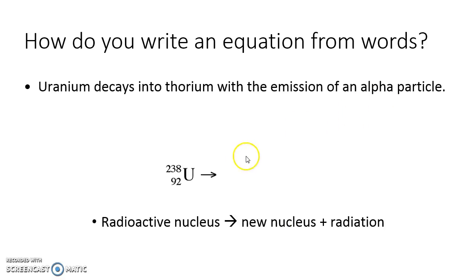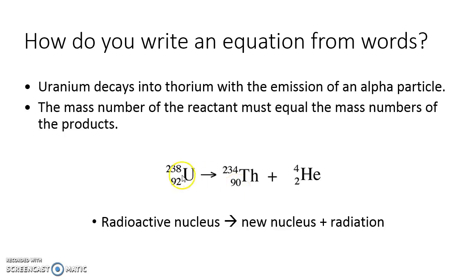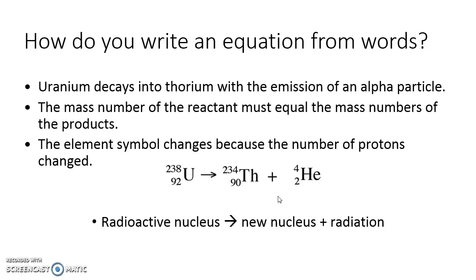It says alpha particle, so we write down the alpha particle. Now we do the math: 238 minus 4 is 234, 92 minus 2 is 90, so that's thorium. Remember, sum everything up and make sure it balances. The element changes because the number of protons changed.